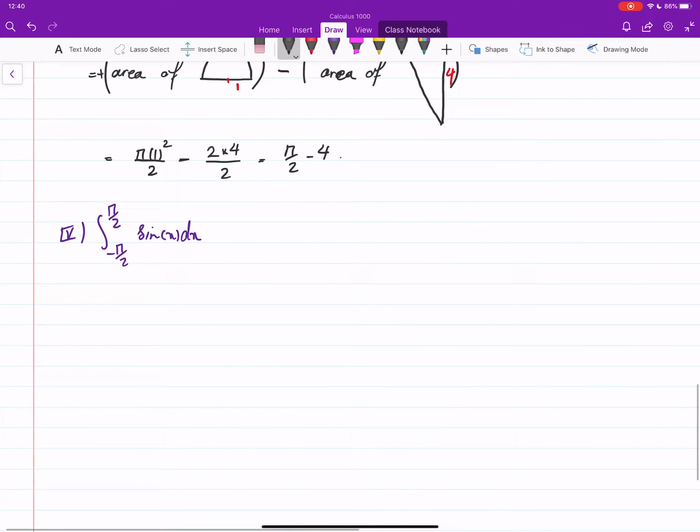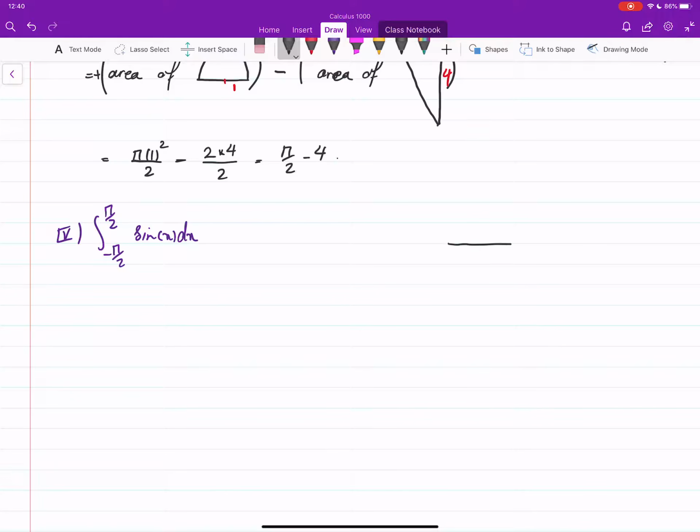How about this one? Okay, we know the graph of sine x. Let's start with that. This is sine x, and we go like this, something like minus pi over 2 to pi over 2. And we have two regions, R1 and R2.